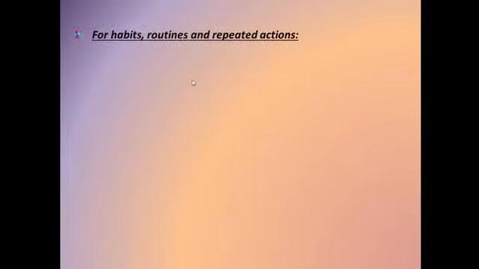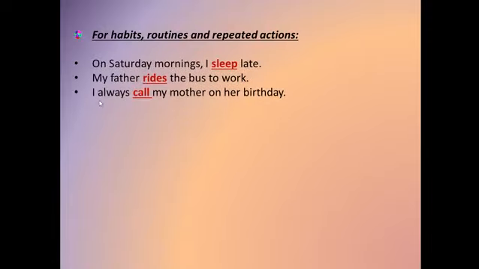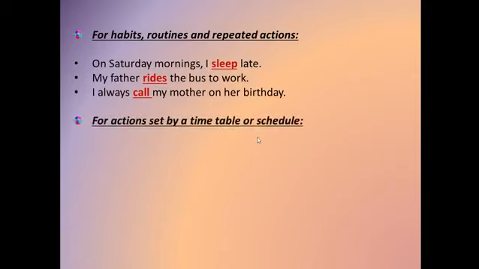The third thing we use the present simple for is for habits, routines, and repeated actions. So things that are always repeated every day, every week, every month, every holiday. Okay, they are always repeated. For example, on Saturday mornings I sleep late. Each and every Saturday morning it's my habit to sleep late.